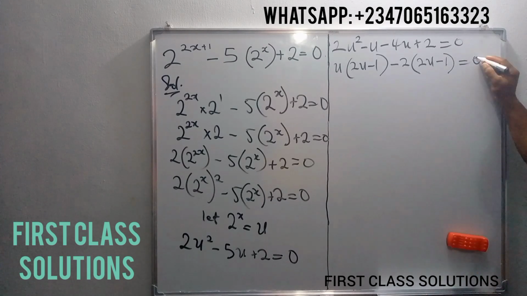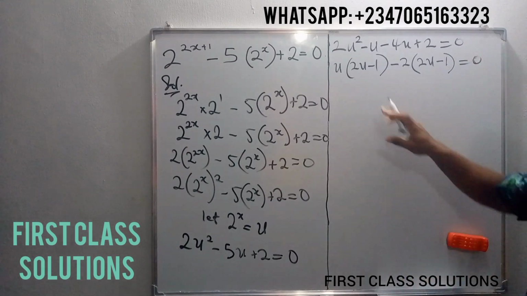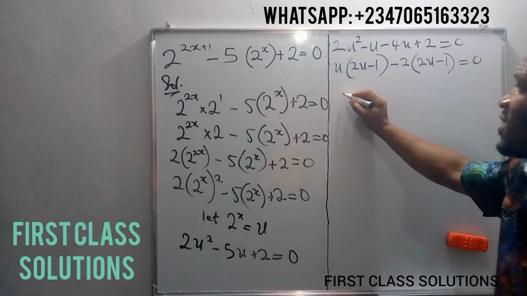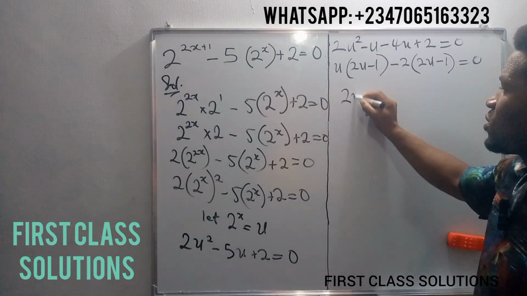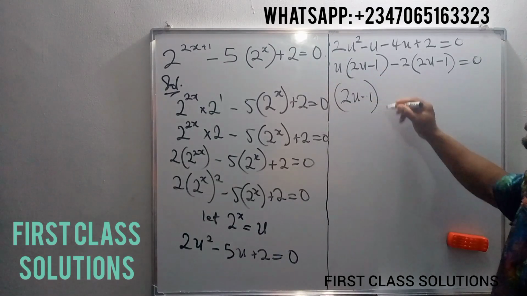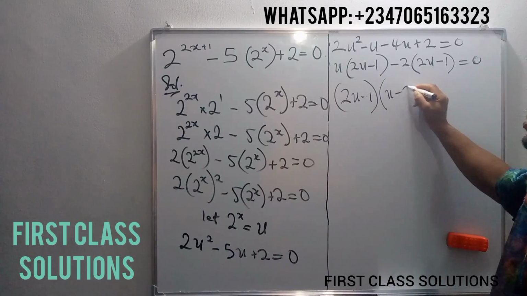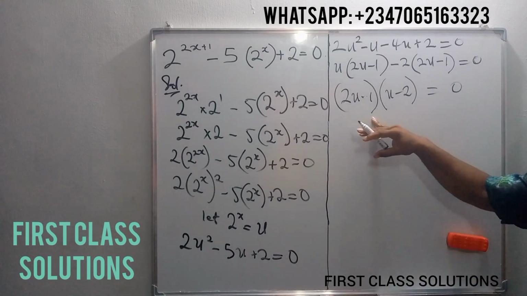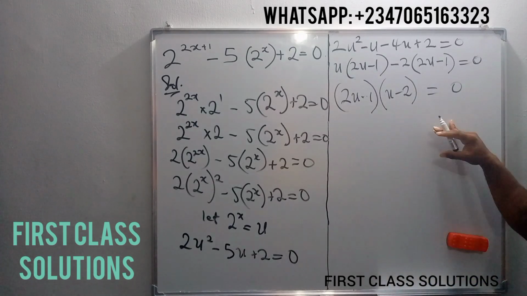In this case, we have 2u minus 1 in the brackets, multiplied by the other factor, which is u minus 2, all equals 0. So we are saying that 2u minus 1 multiplying u minus 2 equals 0.